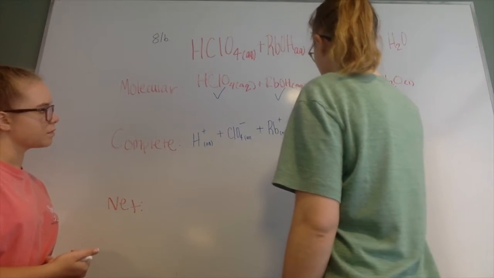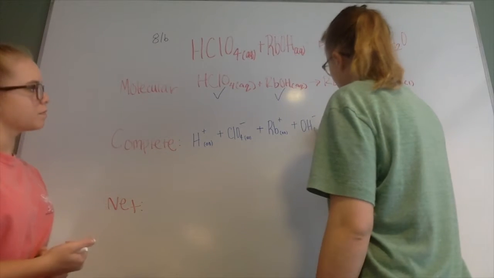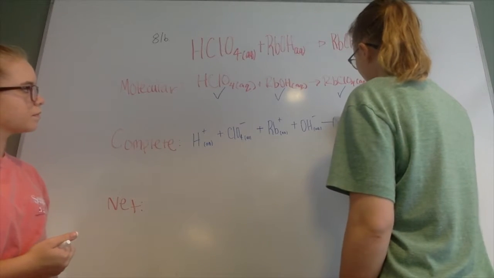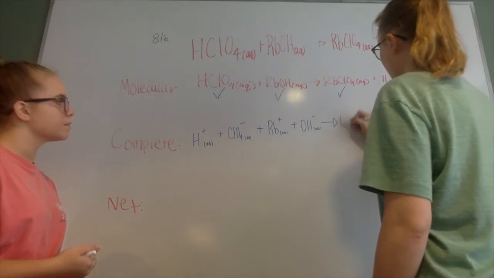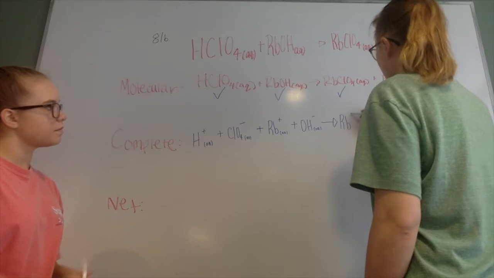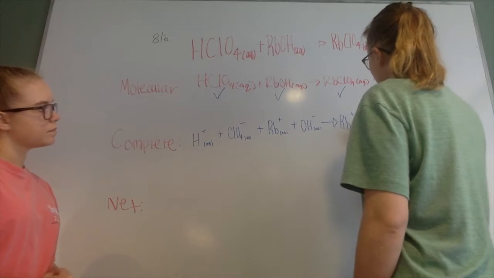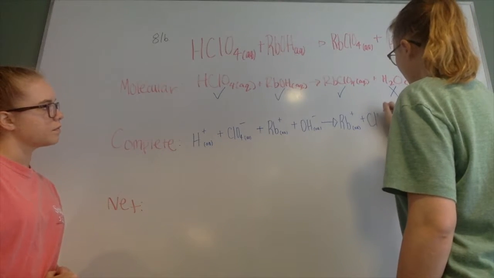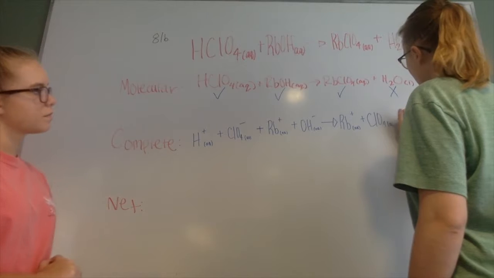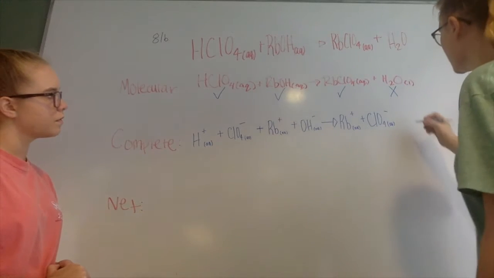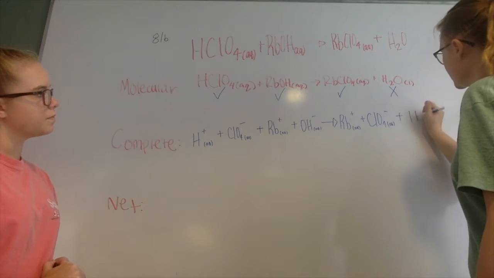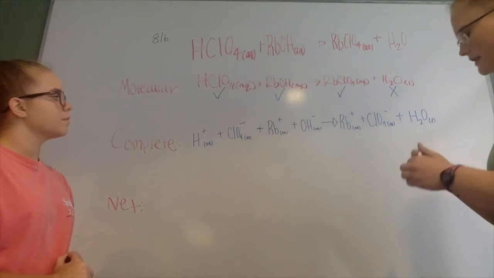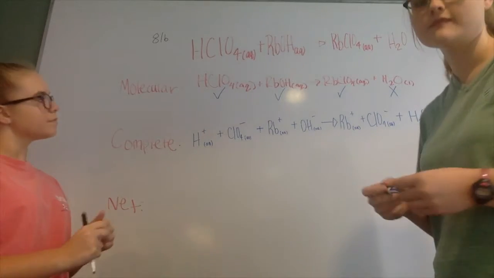And then we have hydroxide, which is a negative charge. And then we'll have rubidium again, which is our plus charge, and ClO4 perchlorate, and that's our negative charge. And then plus H2O doesn't dissociate, so we leave it as it is, and that stays as a liquid. And that'll be your complete ionic equation.